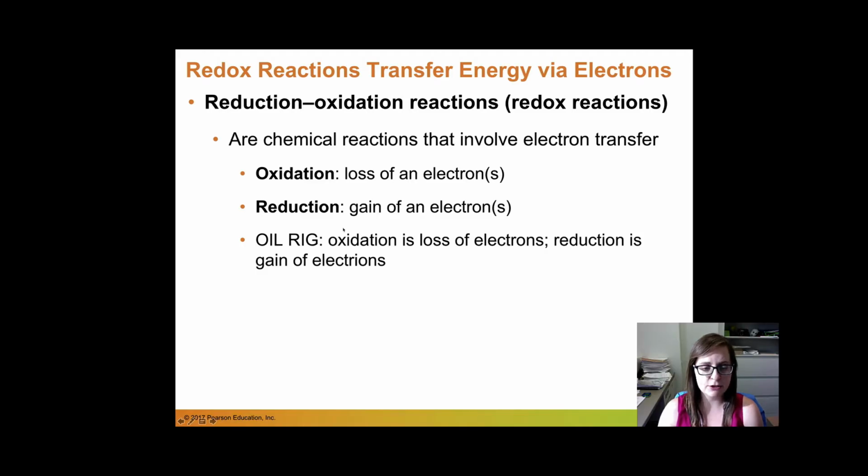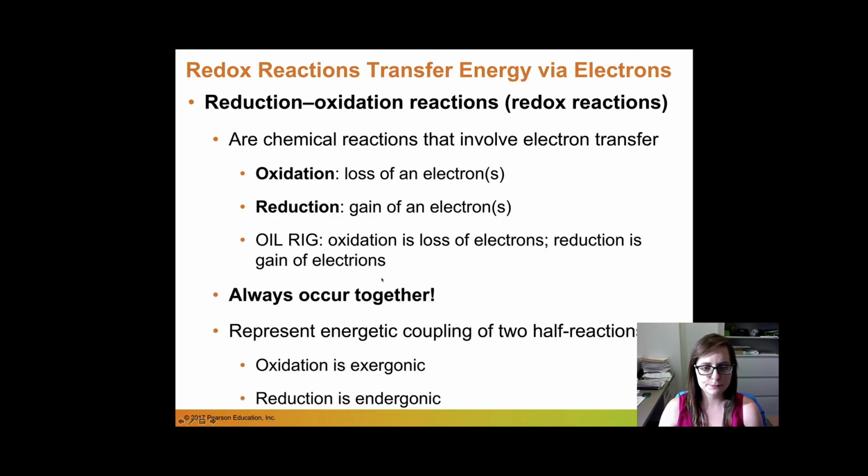A really easy mnemonic to remember the difference between oxidation and reduction is OIL RIG. OIL: oxidation is loss of electrons, and RIG: reduction is gain of electrons. These always occur together in two half reactions.